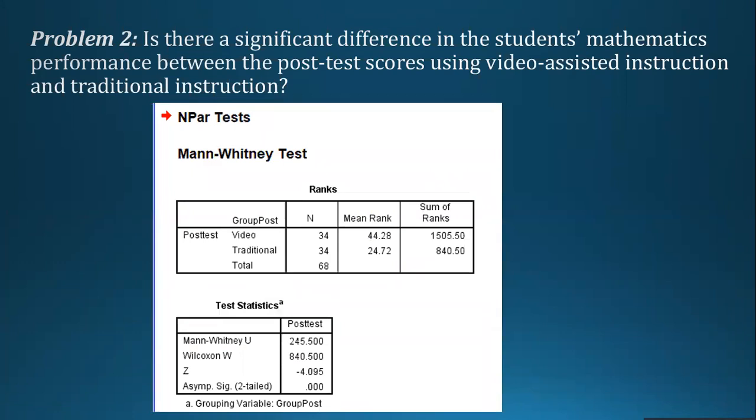So this is the result of the given data. We have the Mann-Whitney U value of 245.500, the Z value of negative 4.095, and the P value of 0.000.